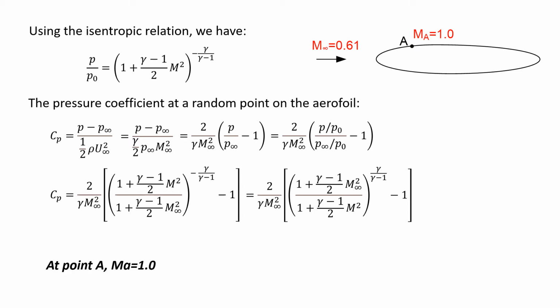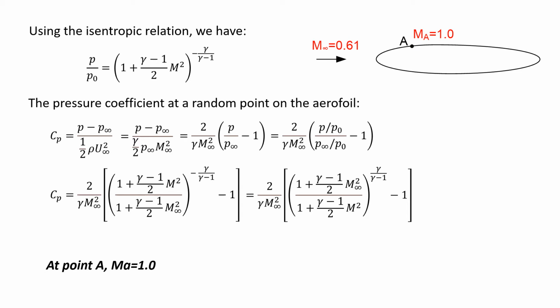Okay, and now let's consider point A. At the critical Mach number for this airfoil, we know the Mach number at point A is 1.0.